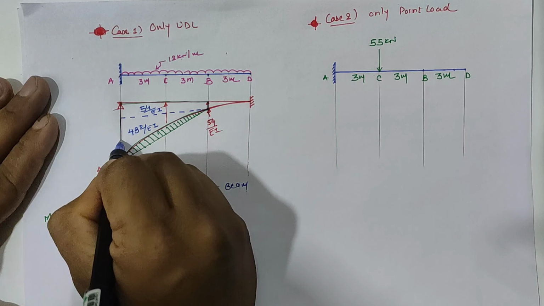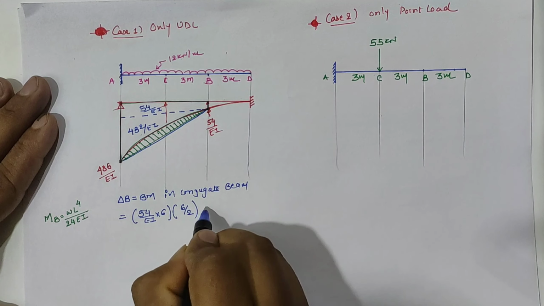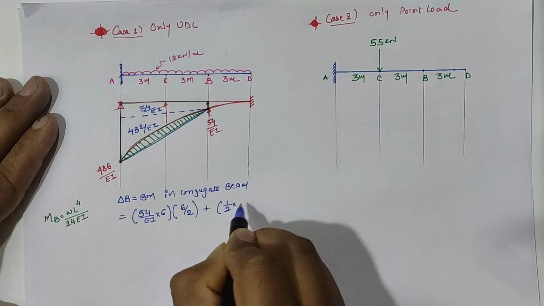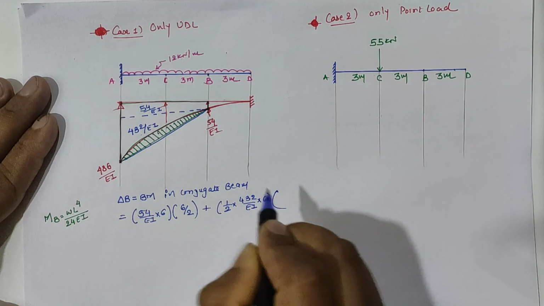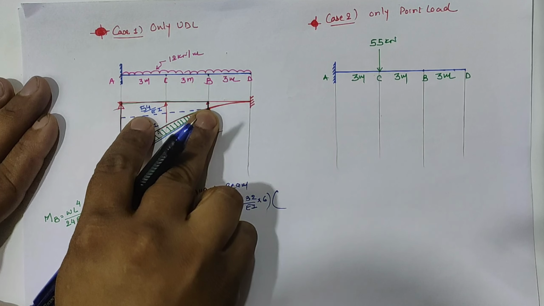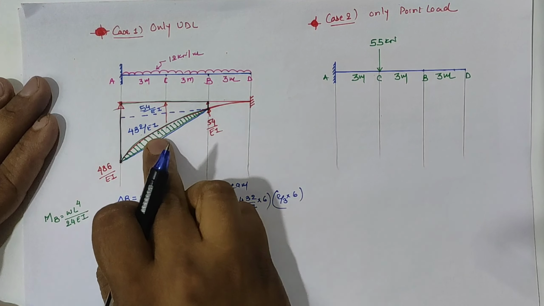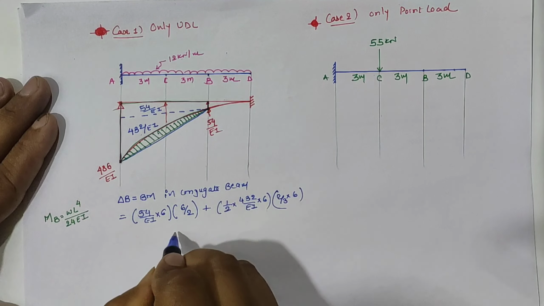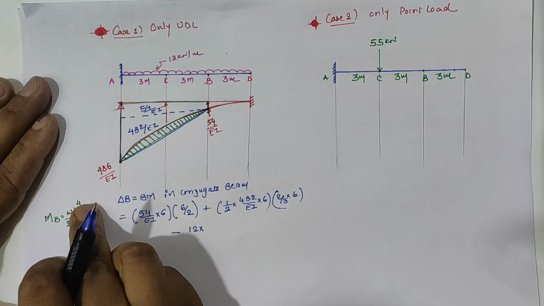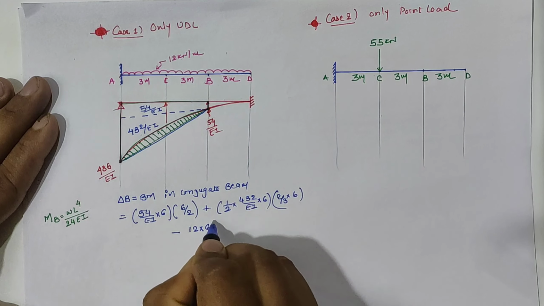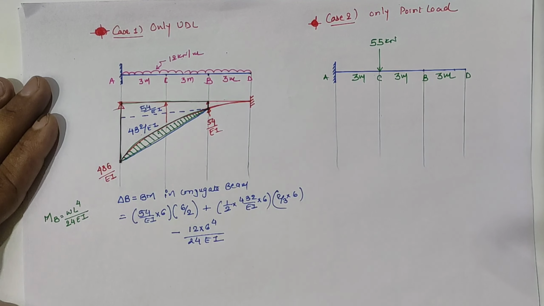Now for the UVL of 432 by EI, it is 1/2 into 432 by EI into 6 into, from location B, our CG distance for this UVL is 2/3 of 6, and we have to remove the hatched part from this value, hence it is minus W as 12, L raised to 4, that is 6 raised to 4 divided by 24 EI.